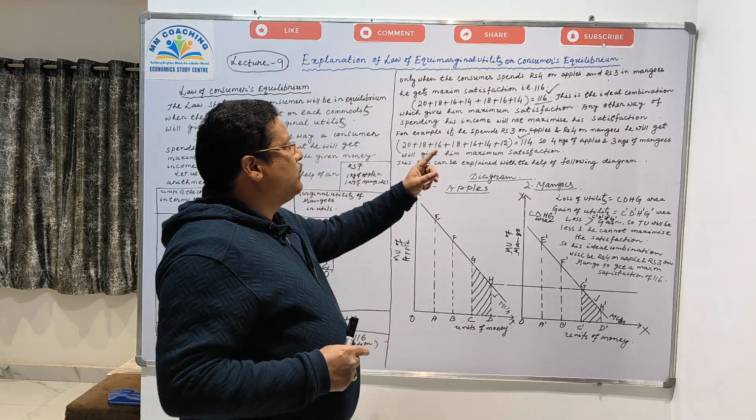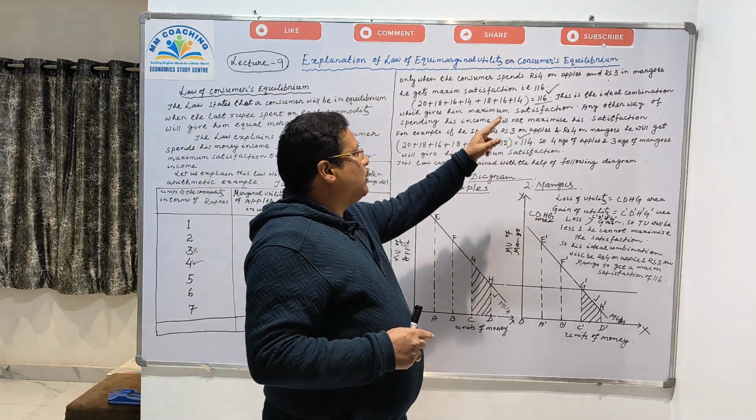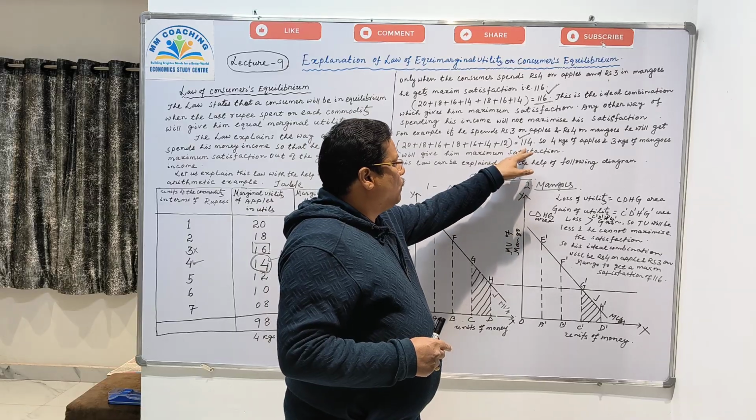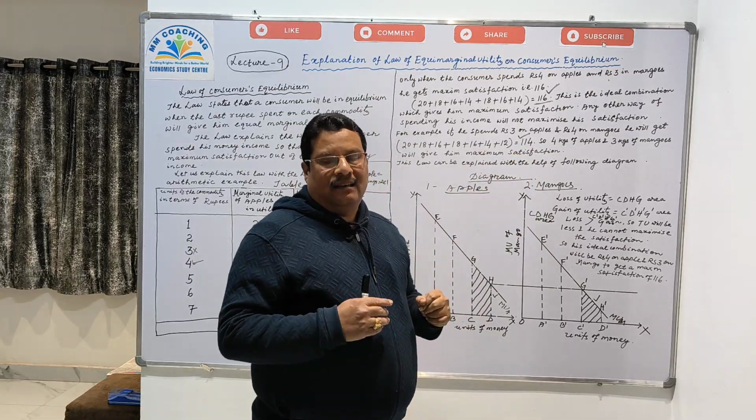His total utility decreases from 116 to 114.